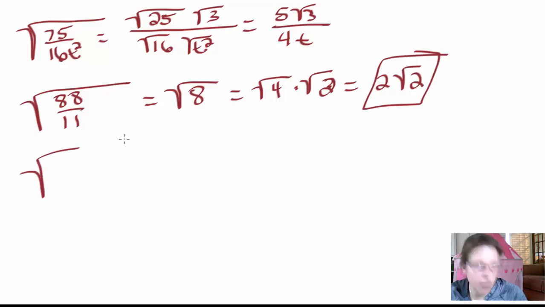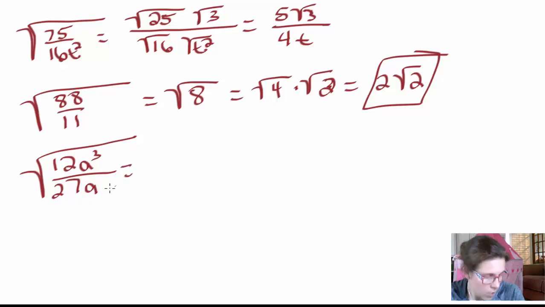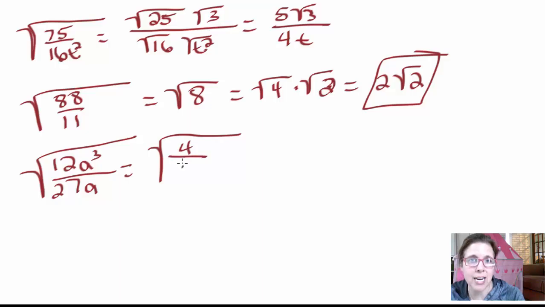If it was the square root of 12a cubed over 27a, now you can reduce this. 3 goes into 12 4 times, and 3 goes into 27 9 times, and then we have 3 a's on the top and 1 on the bottom, so you can cancel that 1 on the bottom out and make this a squared.